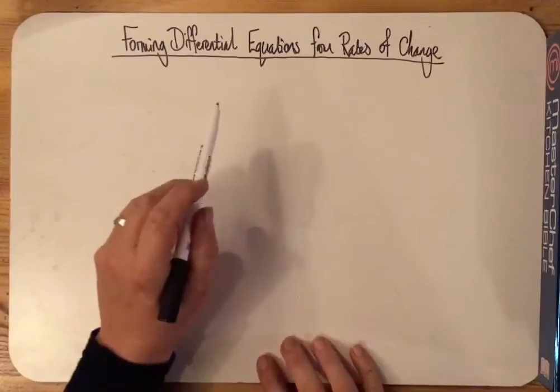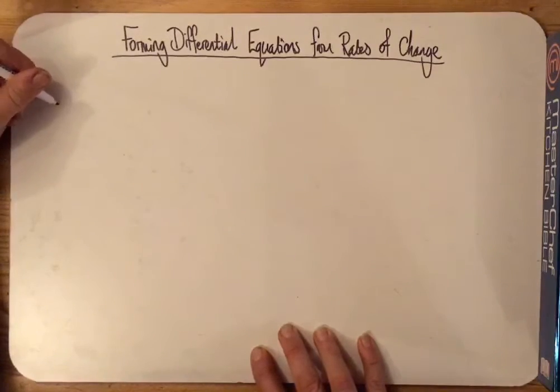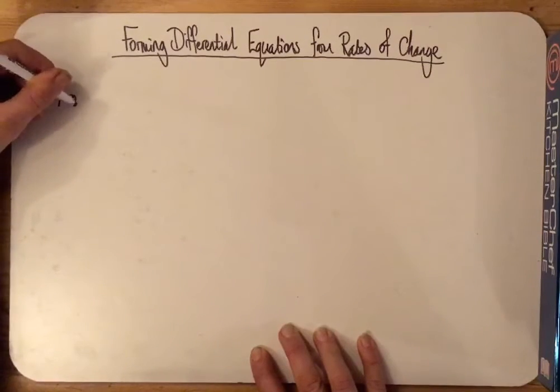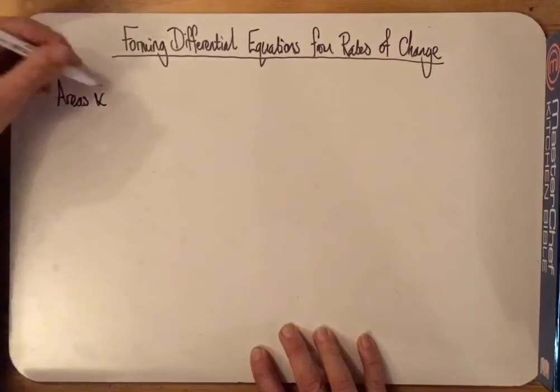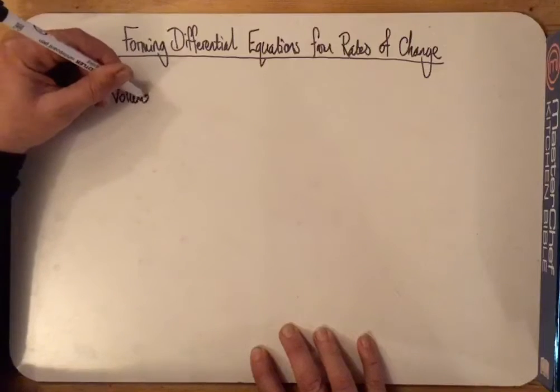So, forming differential equations for rates of change. Again, most of the time we're looking at areas and volumes, possibly a perimeter, but normally we're looking at shape and space with these.